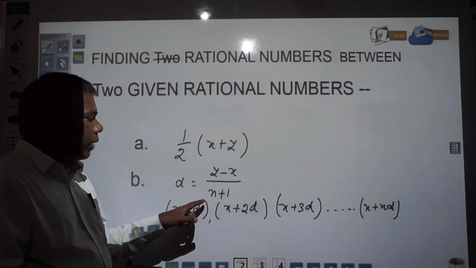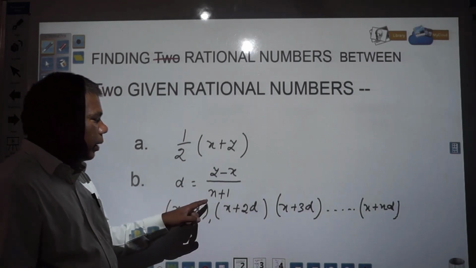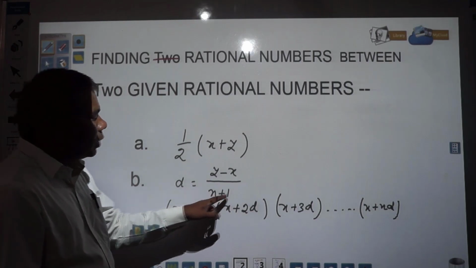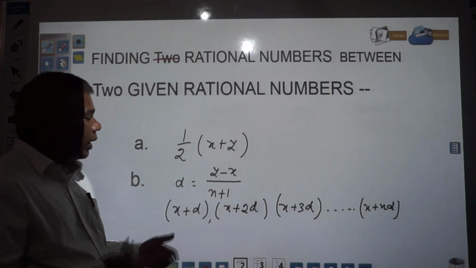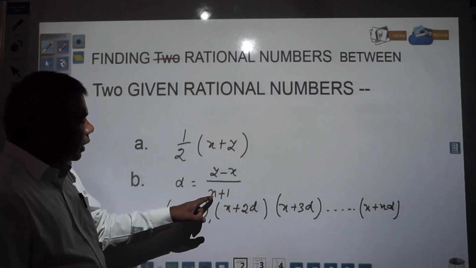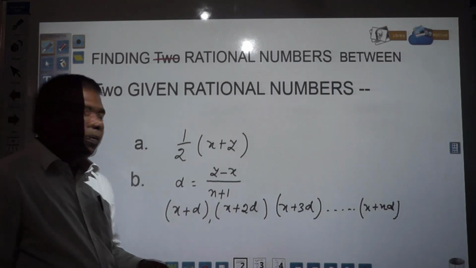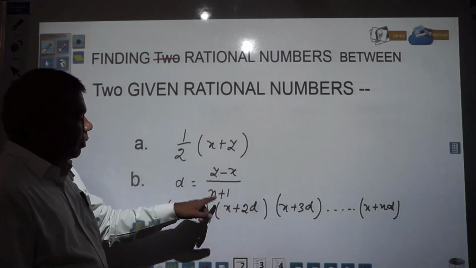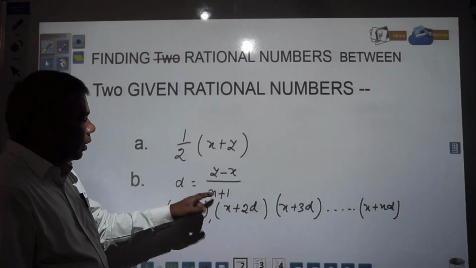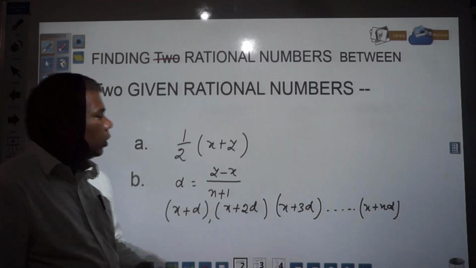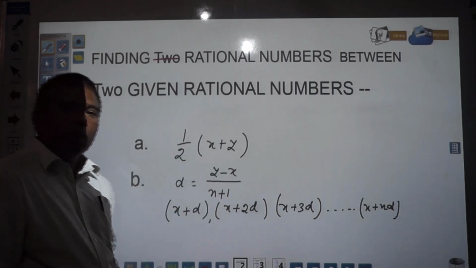If you need to find 3 numbers in between, this will be 3 plus 1. If you need 5 numbers, it will be 5 plus 1. If you need n numbers, it will be n plus 1. So these two formulas we are going to apply.